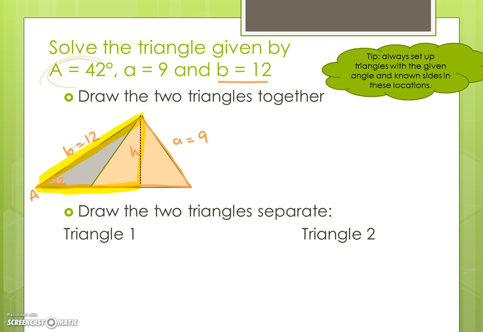And when we have a right triangle, then we can use SOHCAHTOA. So we're given sine is opposite over the hypotenuse. So I know that the sine of 42 degrees is H over 12, or my H is 12 sine of 42 degrees. And when I put that into the calculator in degree mode, I get 8.03 for my height.